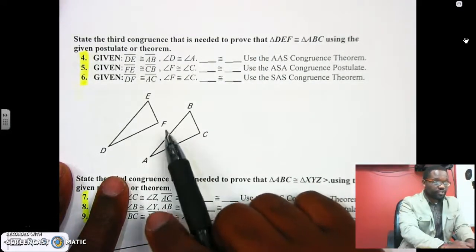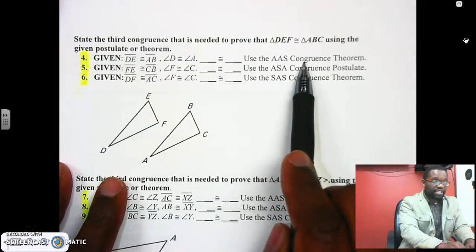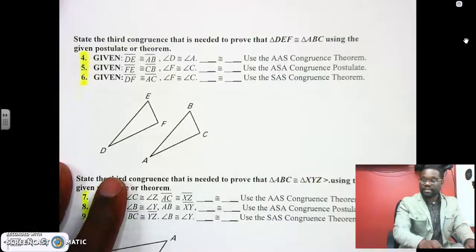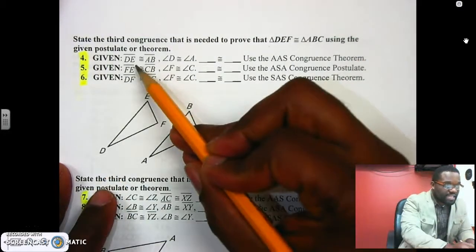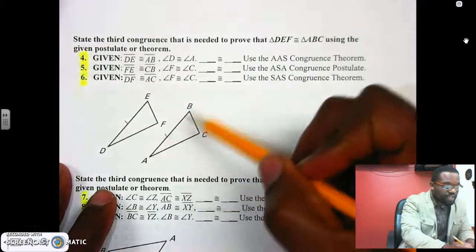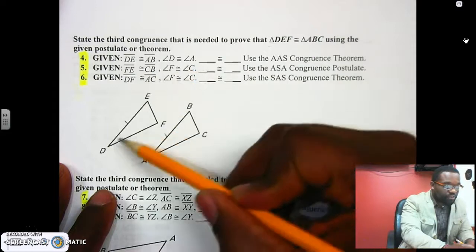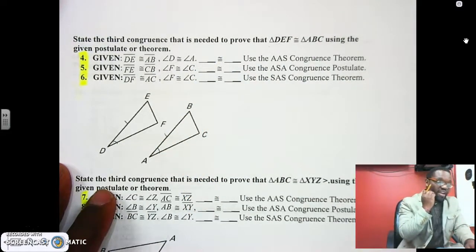All right. So if I want to use angle, angle, side, that means I need two angles and I need a side. And if they tell me that DE is congruent to AB, so I know this is true, and they tell me angle A and angle D, what else do I need to know in order to prove angle, angle, side?